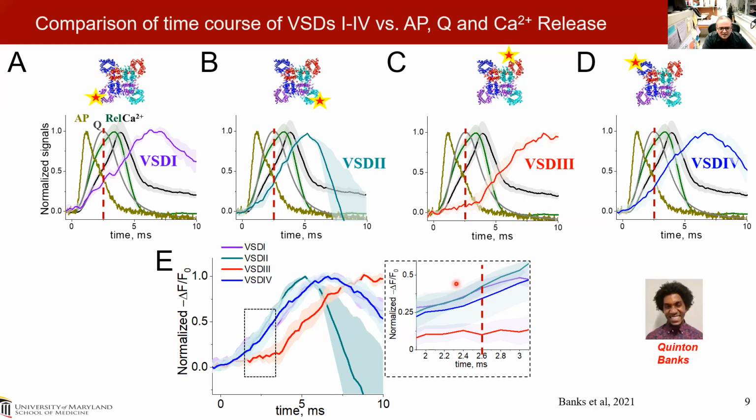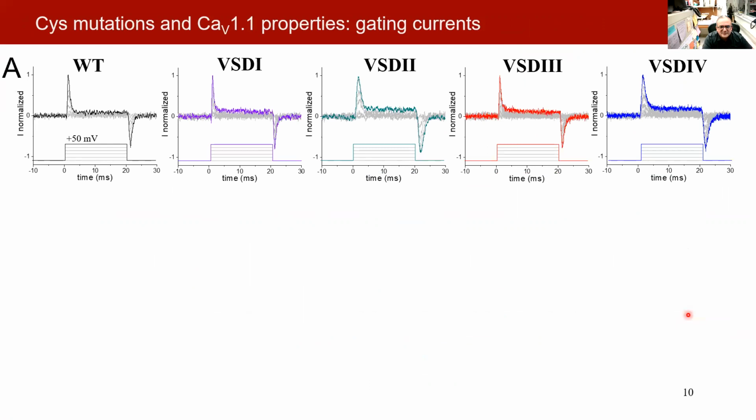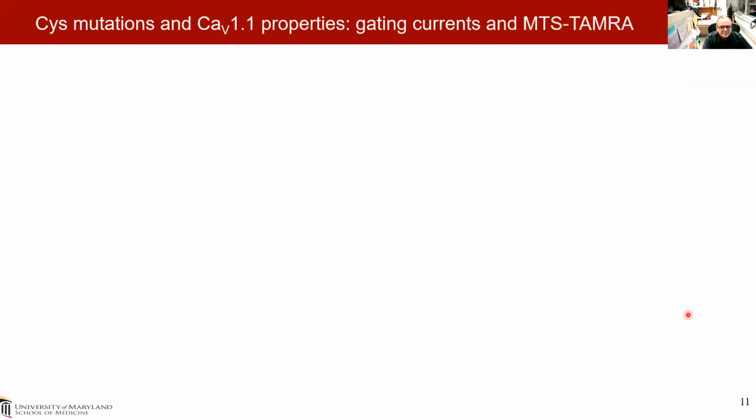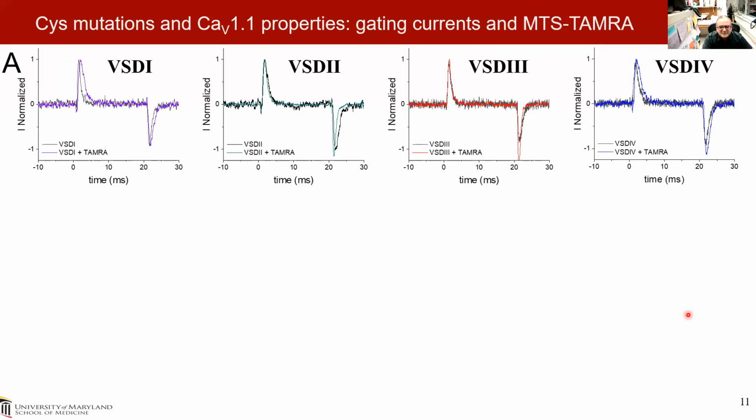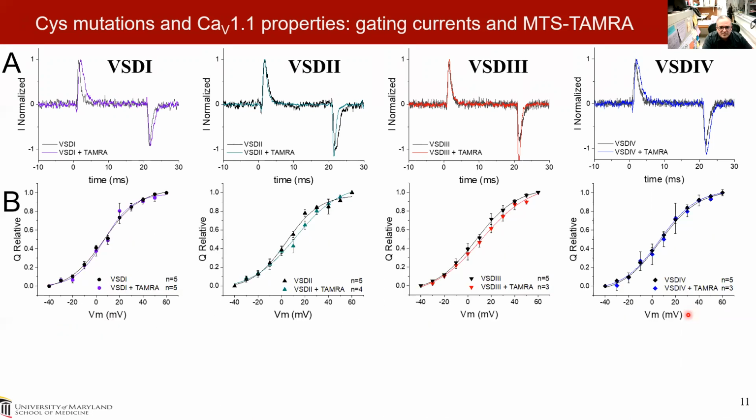These experiments were conducted by Dr. Quinonez, a former PhD student in our lab. Importantly, the cysteine substitutions in each of the voltage sensing domains used here in CaV1.1 had minimal effects on the biophysical properties of the gating currents when compared to the wild-type counterparts monitored in dysgenic myotubes. Likewise, MTS-TAMRA labeling produced negligible effects on the kinetics and voltage dependence of the gating currents from cysteine-modified calcium channels.